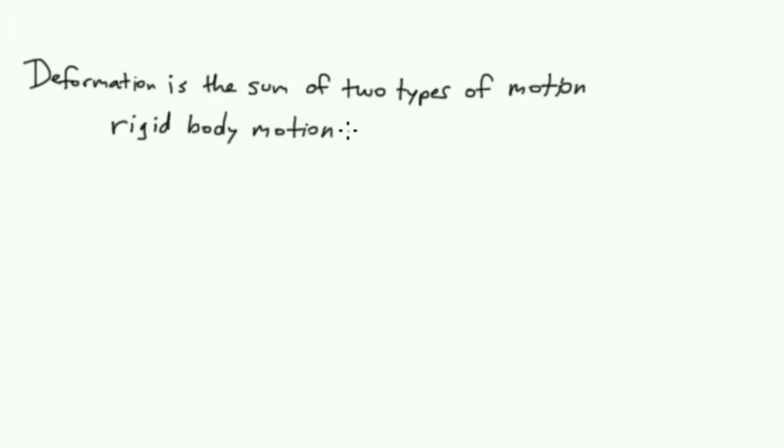The words that we have for this: translation. If we just pick up a glass and move it across the table, translation. And rotation, we rotate it. So these don't actually involve any distortion of the material. That falls under the category of deformation.